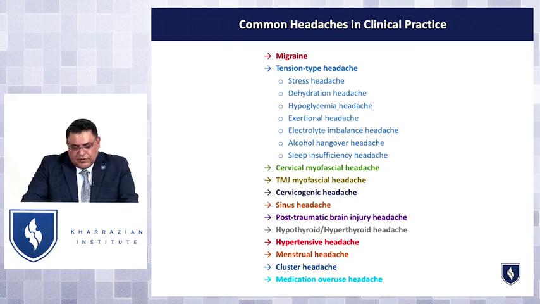And then there's a side effect from using those drugs, which is the dull, chronic, constant headache. You should be aware of those, especially with patients that have migraines and are taking migraine medication. They may actually develop medication overuse headaches over time and then have two different mechanisms for their headaches.